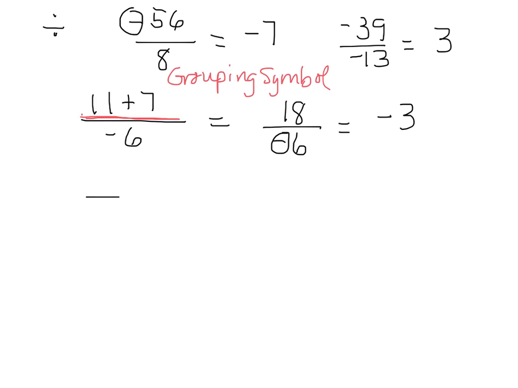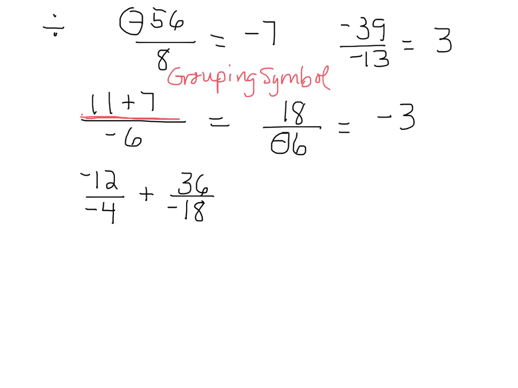Or you might have two separate problems. Negative 12 divided by negative 4. And then add that to, I don't know, let's see. What's a felicitous number? Let's say 36 divided by negative 18.